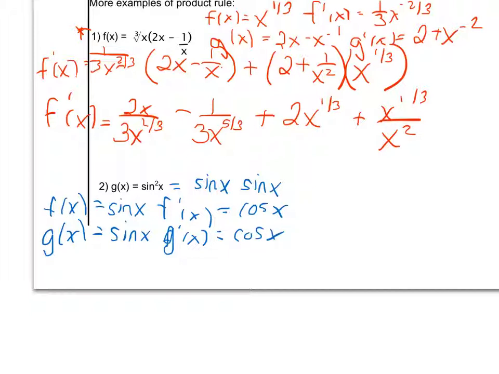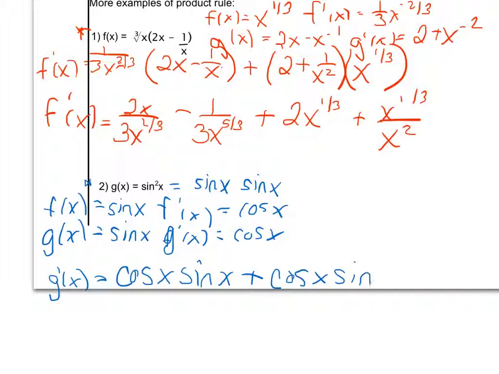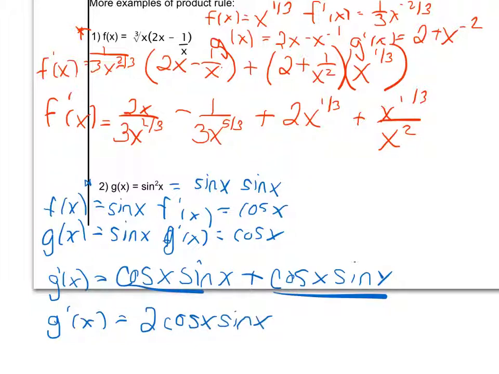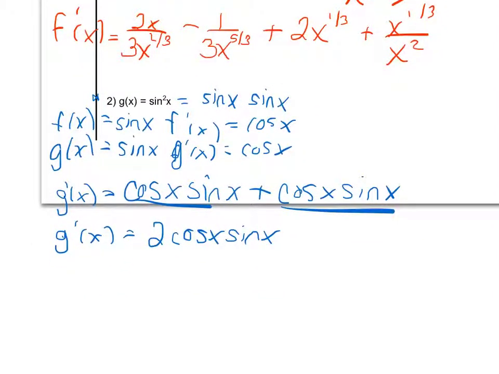So then according to the product rule, the derivative of my overall function, g prime of x, is the derivative of the first times the second, so cosine of x times sine of x, plus the derivative of the second times the first. I combine like terms and I get my derivative is 2 cosine of x sine of x. Since I have one cosine x sine x, another cosine x sine x, I can say I have two of them.